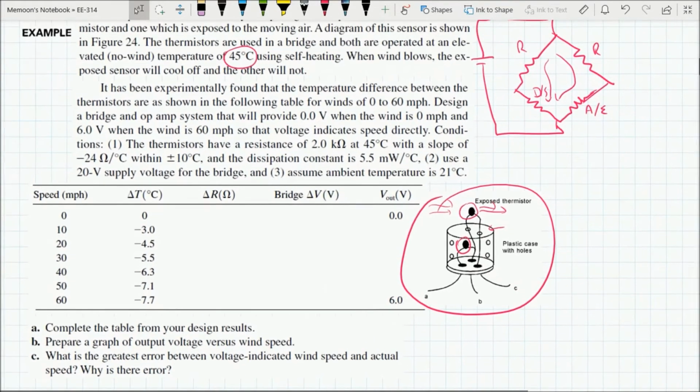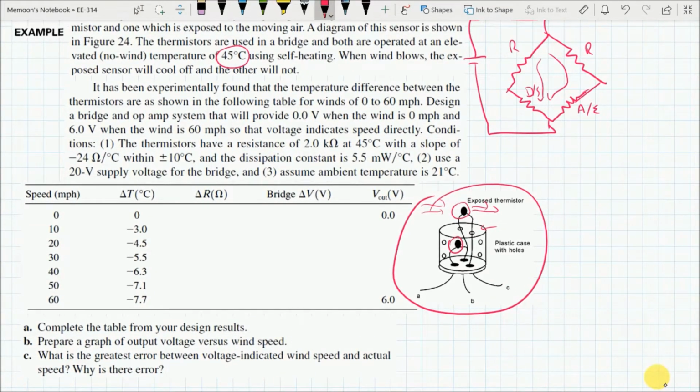Then it is stated that it has been experimentally found that the temperature difference between the thermistors is shown in the following table for wind speed of 0 to 60 miles per hour. So this is the change in temperature for the corresponding wind speed, and this is the change in temperature of the exposed thermistor. So what's happening is this thermistor was exposed to the air and there was no wind speed, and it was self-heated to 45 degrees Celsius.